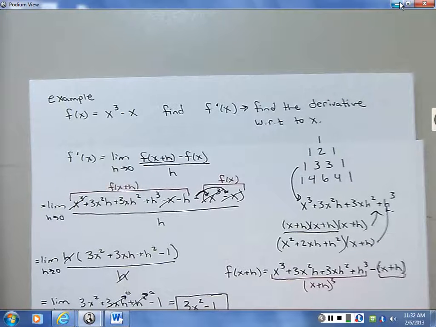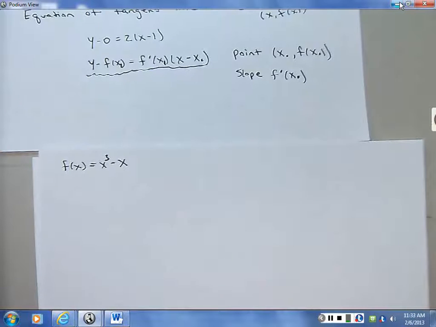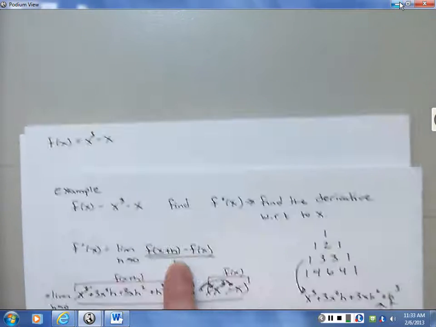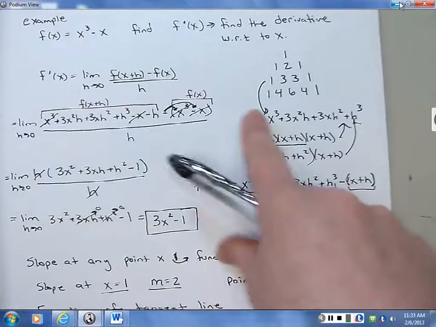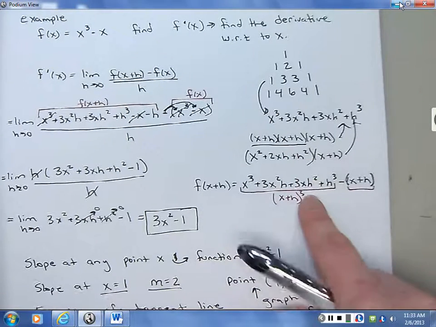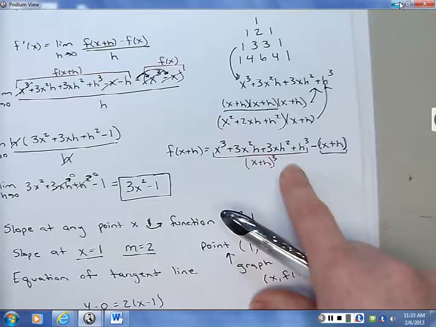Question? The only part I'm getting lost on is f of x plus h, where you plug in a little bit lower down. What is that mathematically, right before that step?